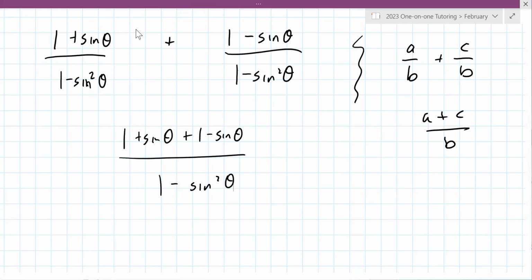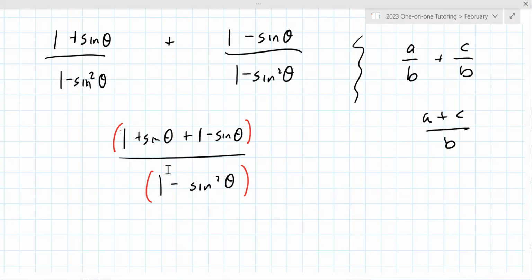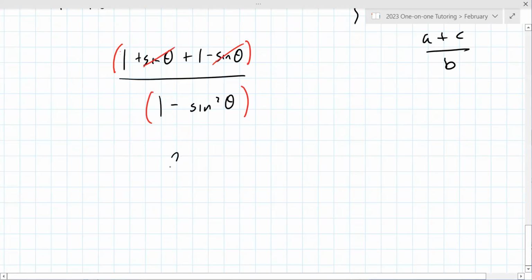No, there are implied parentheses here. Unless you see exactly what's in the top and the bottom, you cannot do what you just said. Try to just focus on the numerator. The sine thetas cancel. Yes. What does the top become? 2. Okay.